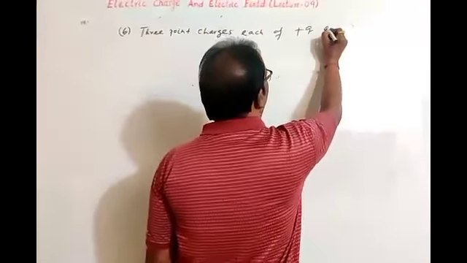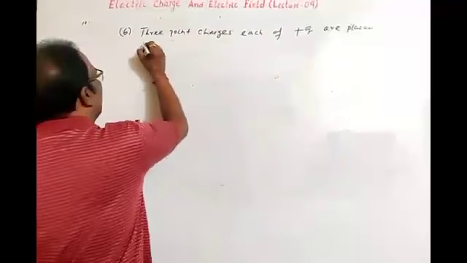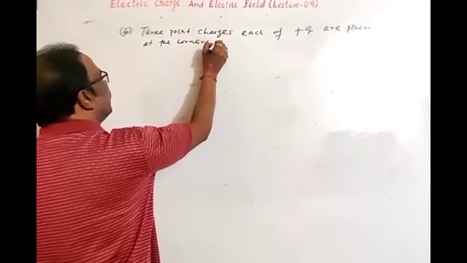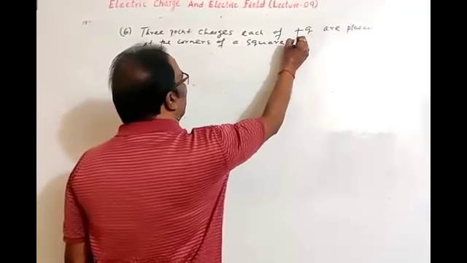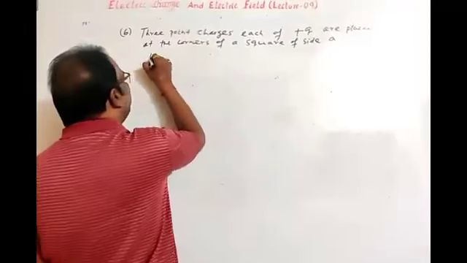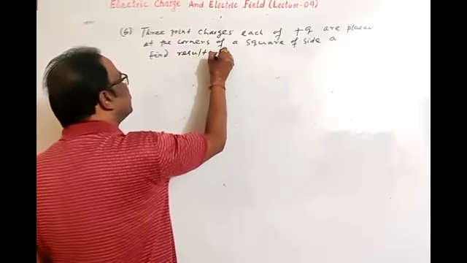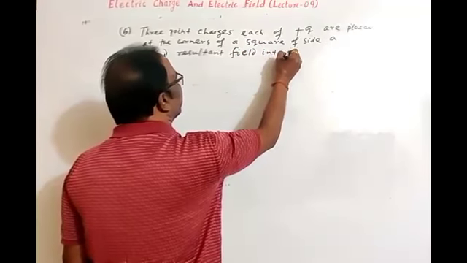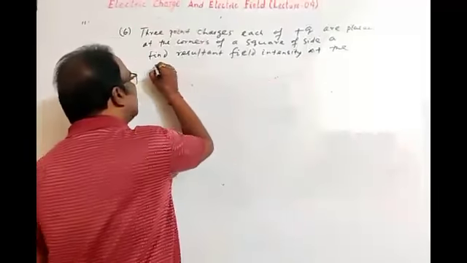Each of plus Q are placed at the corners of a square of side A. Find the resultant field intensity at the remaining corner.